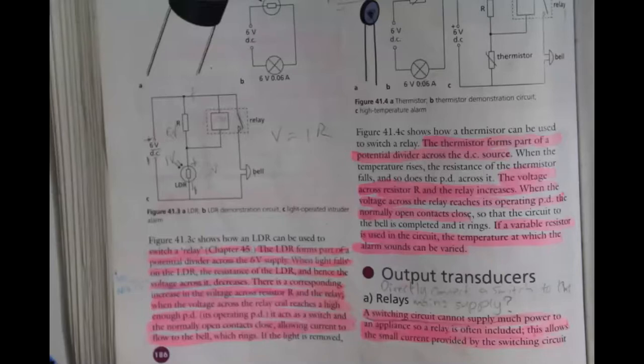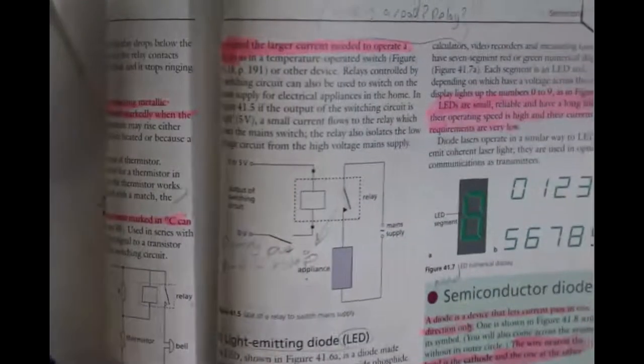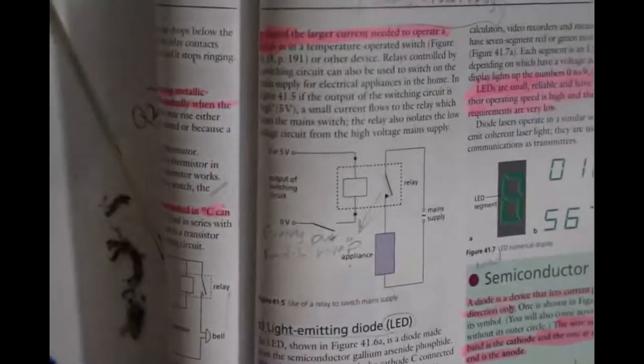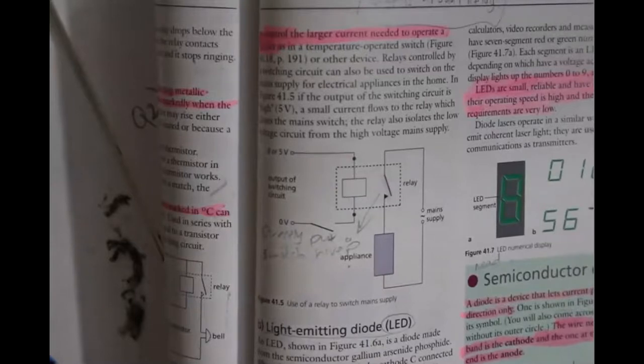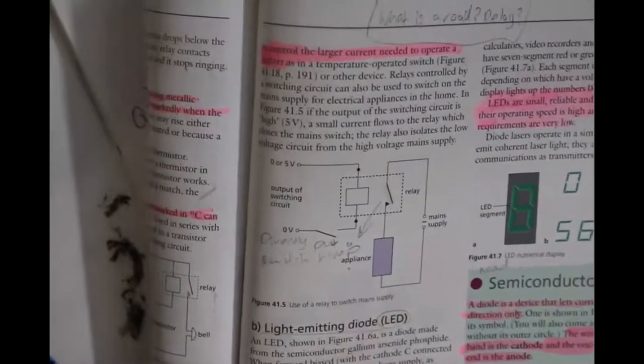Okay, Sundus, let's start the relays. A relay is like two switches connected with each other, but the main reason we use a relay is for better control and for safety. I'm going to use this diagram to explain relays.